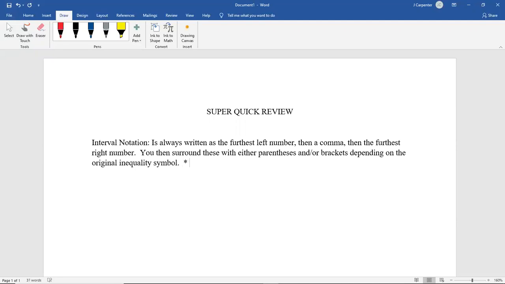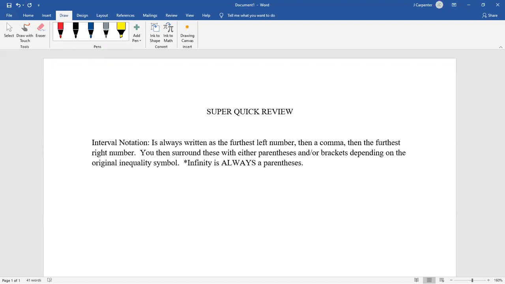Special note, infinity is always a parentheses. So answers in interval notation look something like parentheses 2, 5 bracket. They can both be parentheses, they could both be brackets, or it could be a mixture of them.